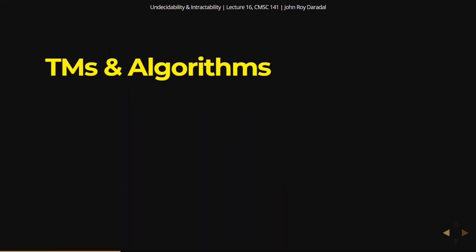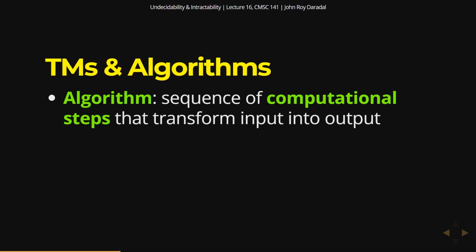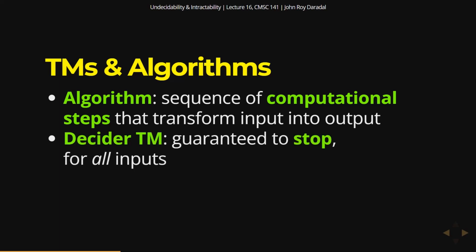Now this is somehow related to algorithms because if you recall the definition of an algorithm, it's a sequence of computational steps that transform input into output. A decider Turing machine is given an input and it's guaranteed to stop for all inputs, right? And somehow it also has an output of whether it's accepted or rejected.